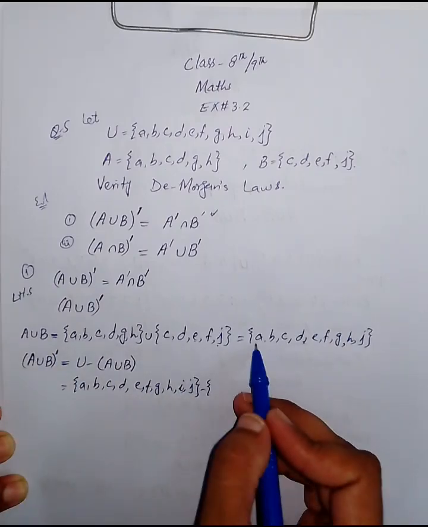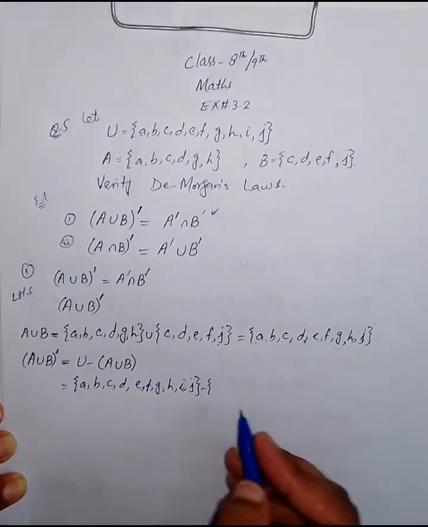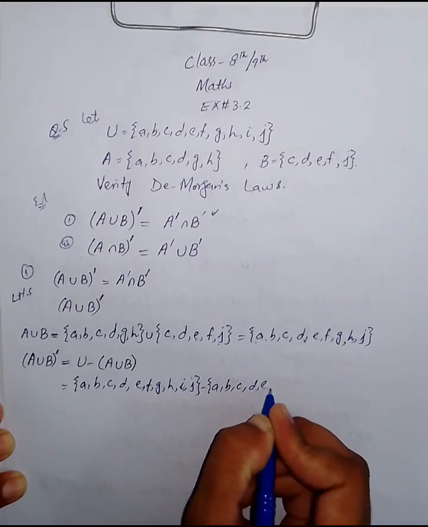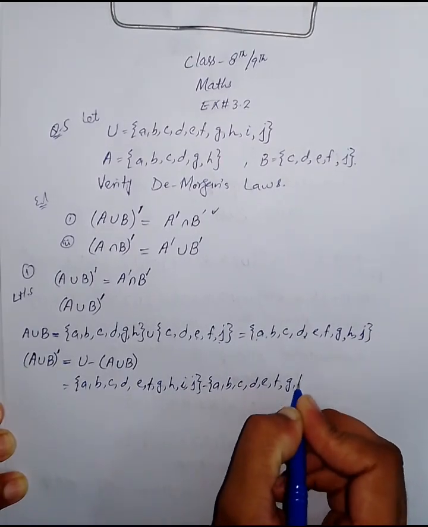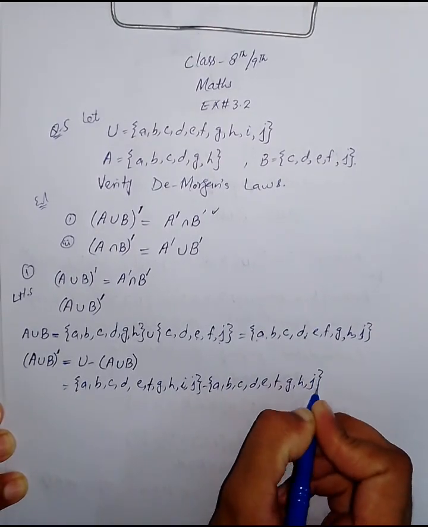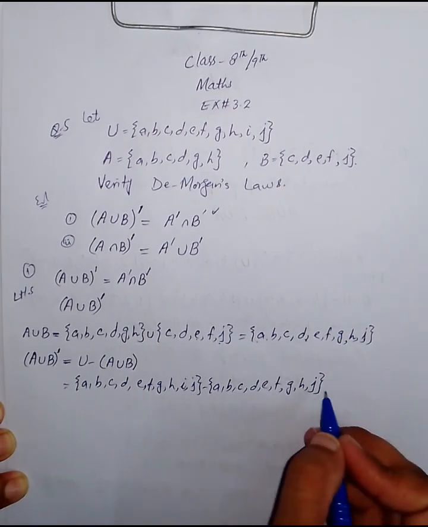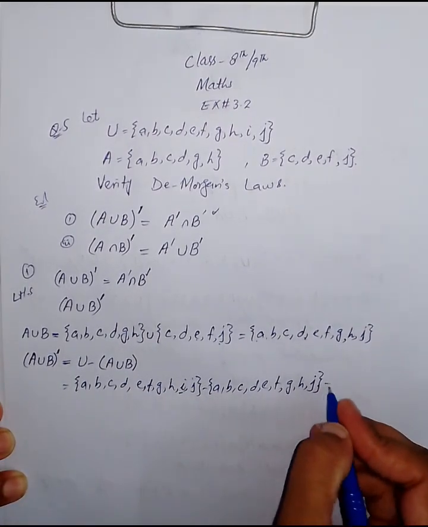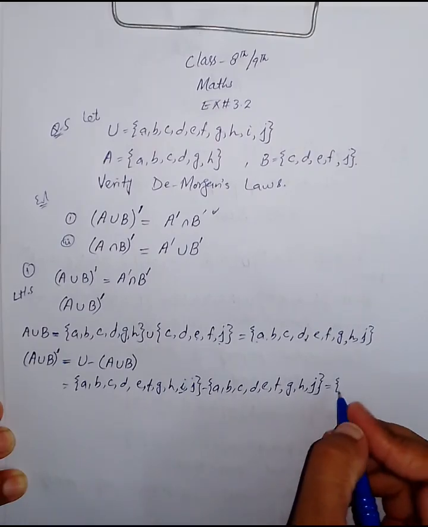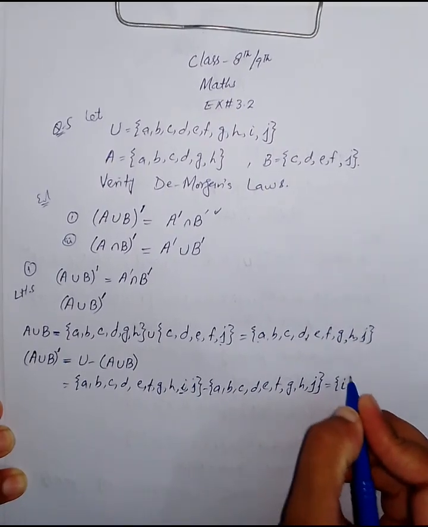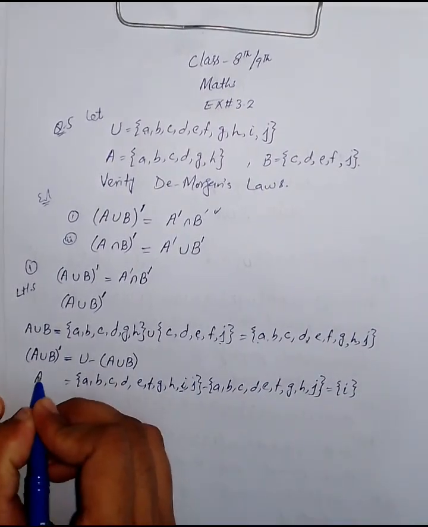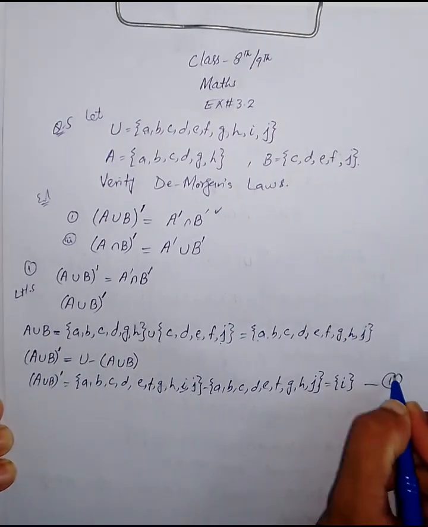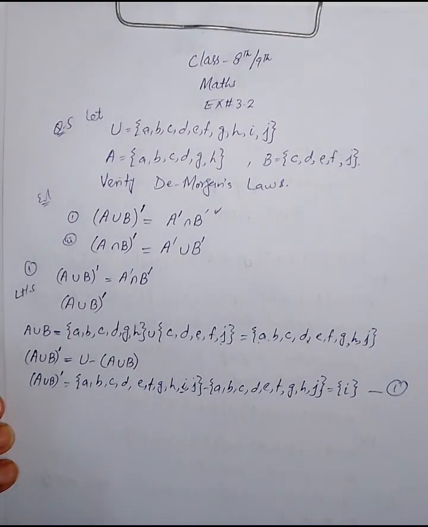What is A union B? A to J, all elements except I: A, B, C, D, E, F, G, H, J. So all these elements will be cancelled out except I, because I is not in A union B. This is the complement of A union B, and this is the final solution of the left hand side.